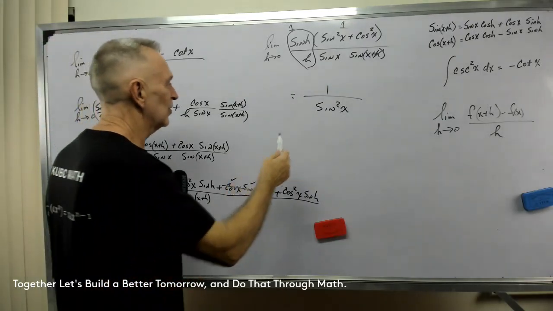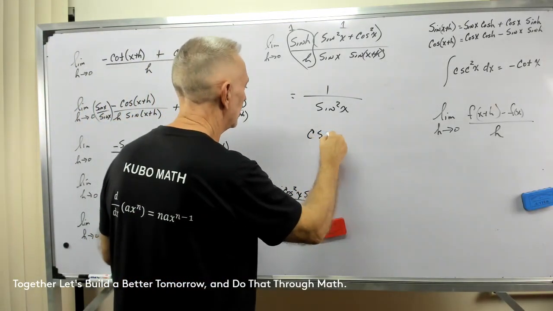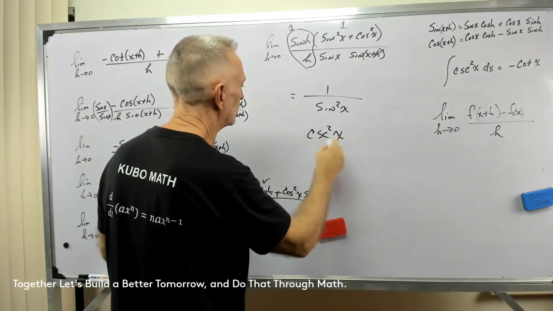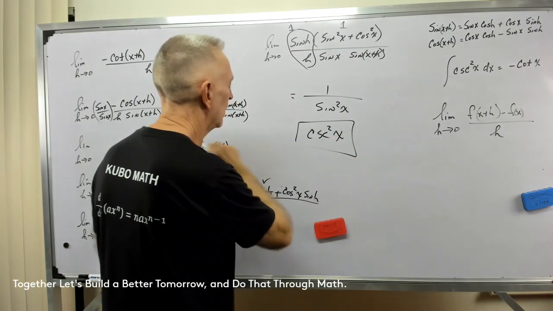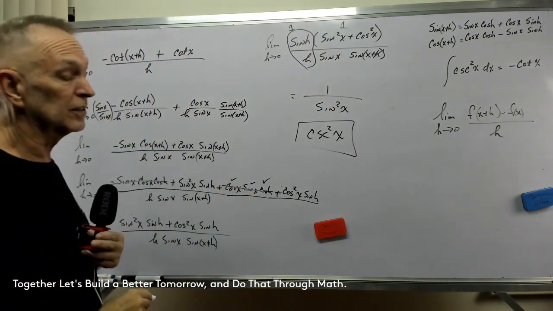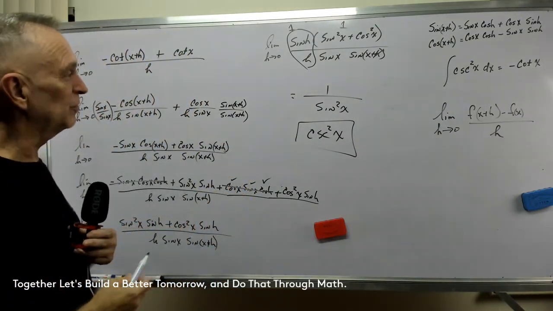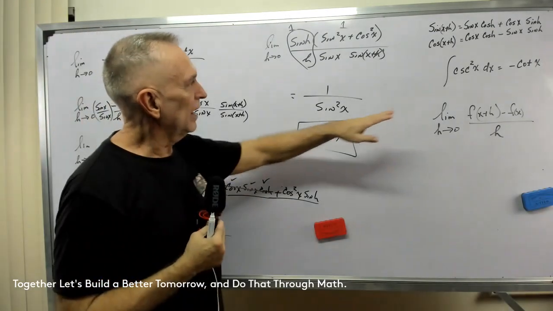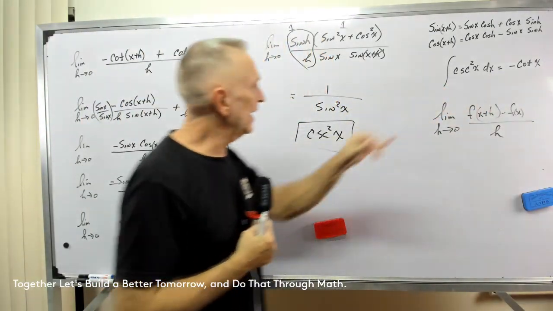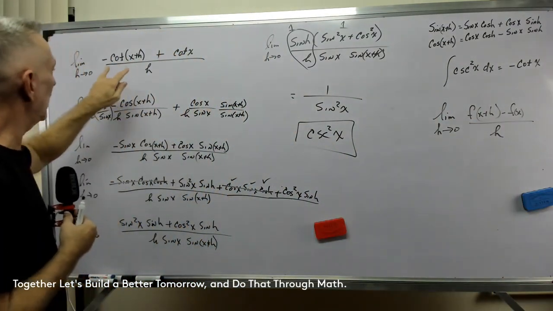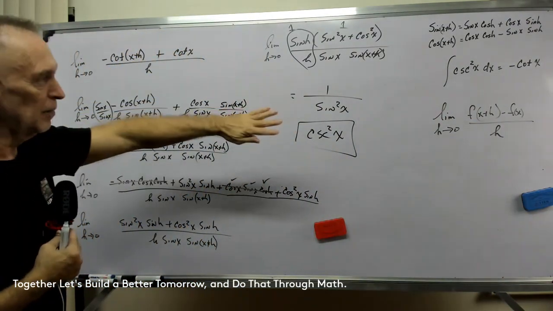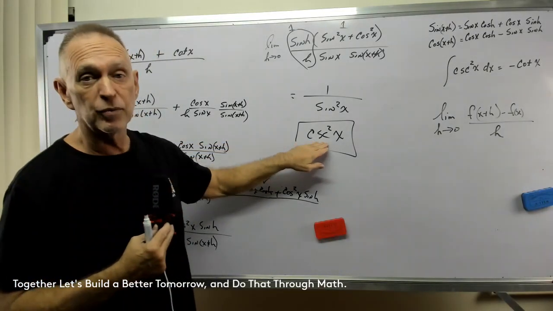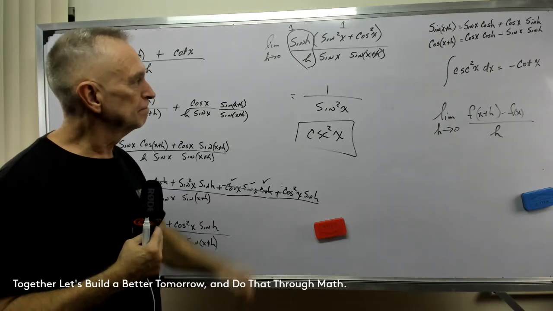Cosecant. So I have cosecant squared x. Not plus c, we took the derivative. So you can see that the derivative of negative cotangent x, if we use the limit formula, we can work through that, and it does in fact come up with cosecant squared x.